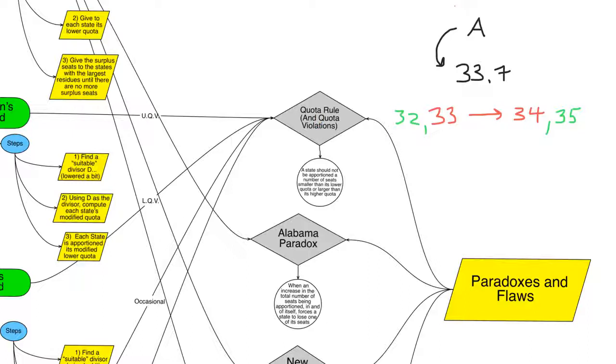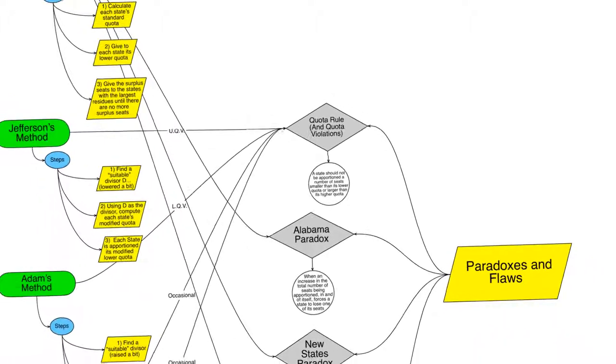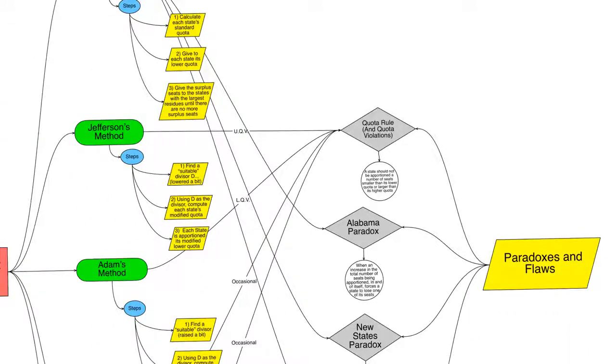Now, according to the flowchart, the Jefferson's method violates the quota rule because it can cause an upper quota violation. In other words, the Jefferson's method might end up giving a state a number of seats in Congress more than its upper quota.